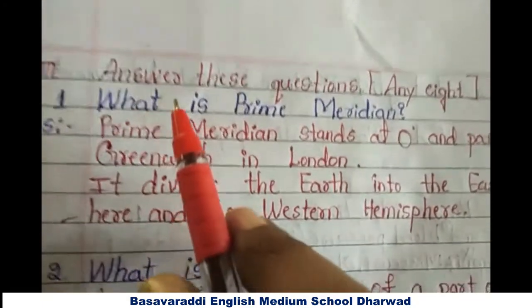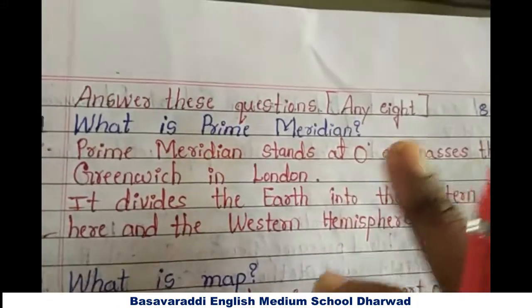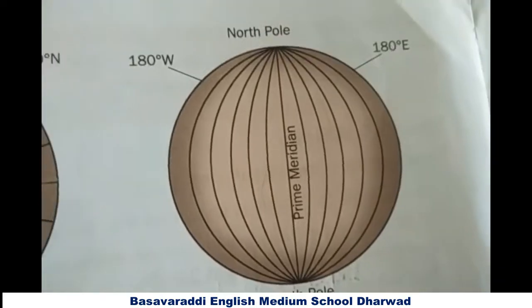Third, answer these questions. Here I have given 10 questions, but you have to attend any 8. The first question is, what is prime meridian?